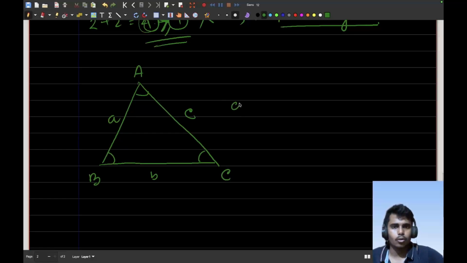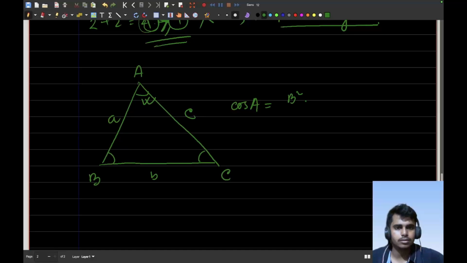Cosine of A, I am finding this angle, is equal to B square plus C square minus A square by 2 into B into C. Sorry, these are not the angles, these are the sides.